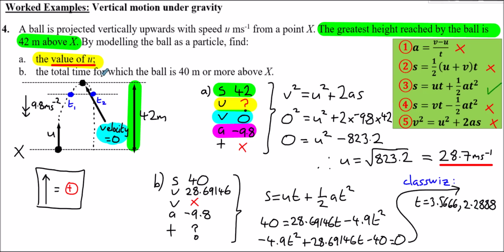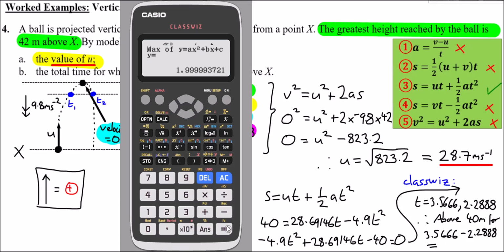So therefore, time when it's above 40 meters, for 3.5666 minus 2.2888, and now I'll round it to something more appropriate to 3 significant figures.